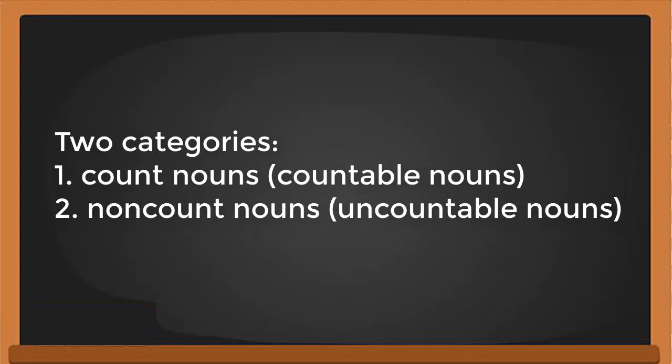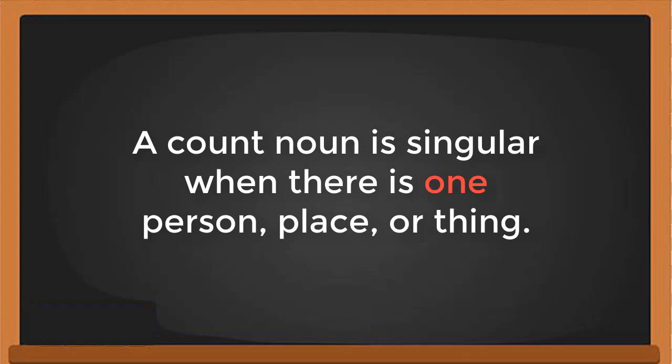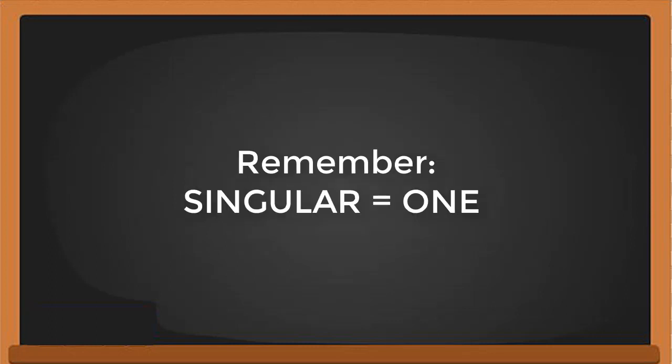Now, as you know, English nouns can be divided into two categories: count nouns, or countable nouns, and non-count nouns, or uncountable nouns. A count noun is singular when there is one person, one place, or one thing.